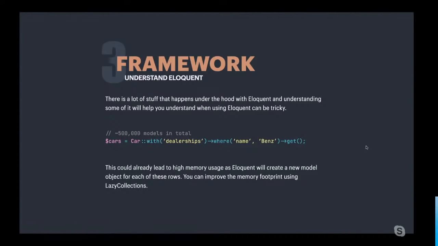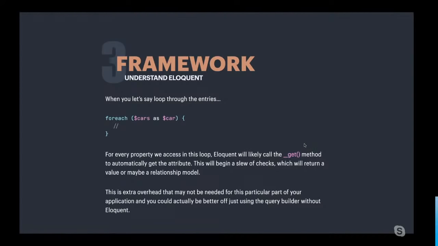So like in the code, we can see a simple database fetch that would also load the dealerships relationship. So now let's say there are about 500,000 rows. Eloquent will actually create a new model for each of these entries. And if, of course, you're not using stuff like lazy collections, it could lead to out of memory issues.